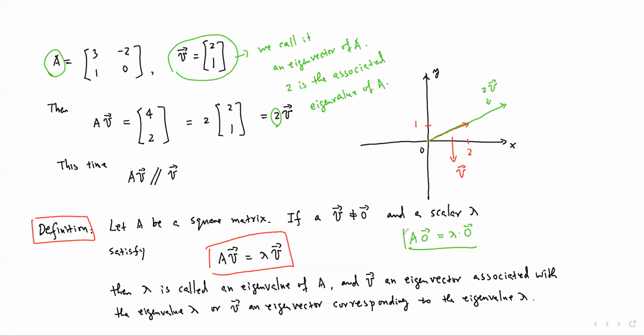So this case is too trivial, right? When v is zero, this equation is always true, no matter what the matrix A is, what the scalar lambda is. So we exclude the case.